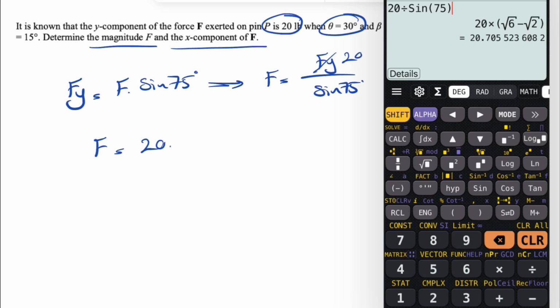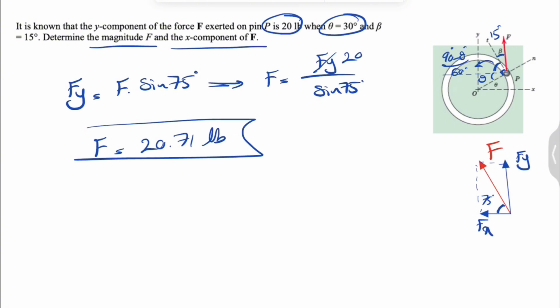So now we can find the magnitude of force F, which will be 20 divided by sine of 75. So that's going to give us 20.71 pounds. That would be the magnitude of the force F, and Fx simply would be F cosine of 75 degrees. We're going to have a negative sign since it's acting along negative x-axis.